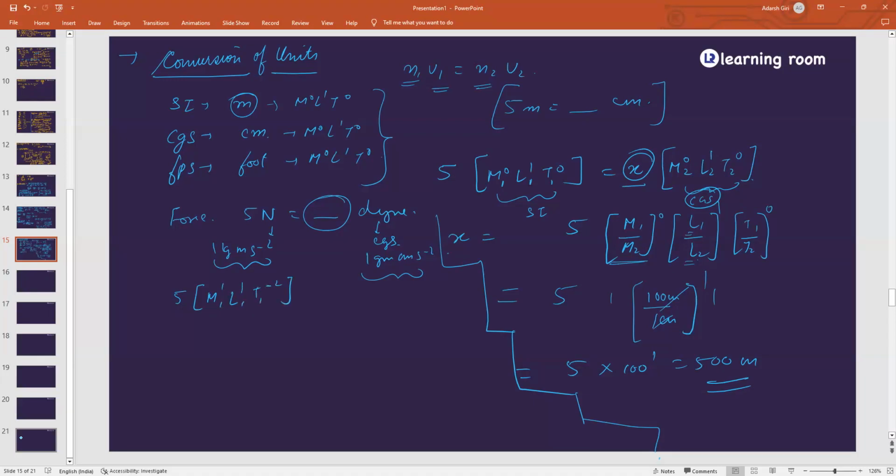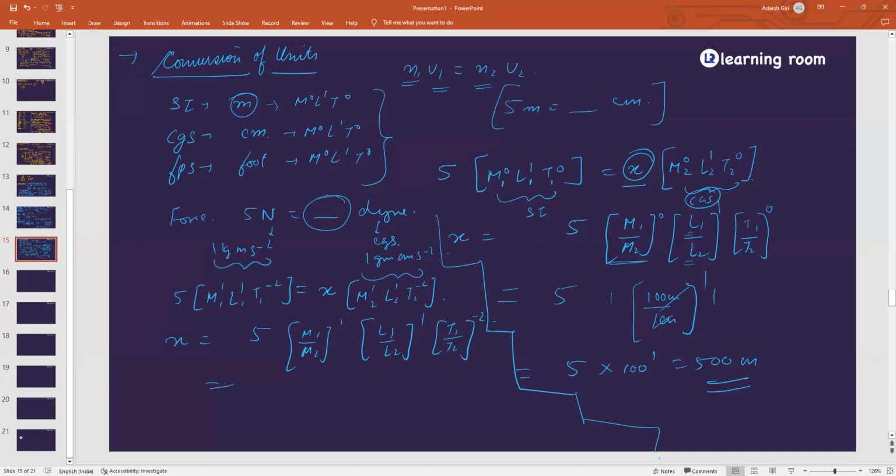I'll write M1, L1, and T1 for the first system of units. Then the second numerical value, I don't know. Dimensions will be the same: M2 power 1, L2 power 1, T2 to the power minus 2. Agree, everyone? What I need to find is X. X is 5 times (M1 by M2) to the power 1, then (L1 by L2) to the power 1, and then (T1 by T2) to the power minus 2.